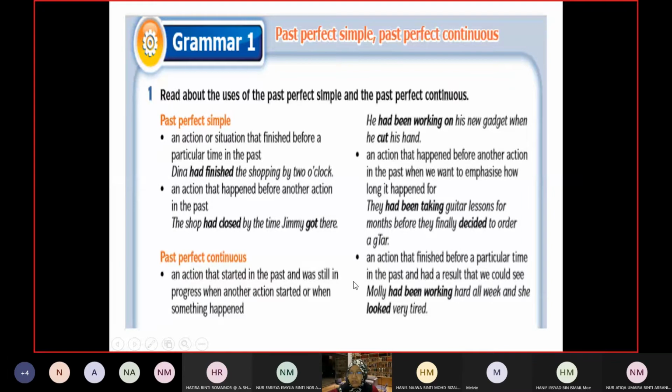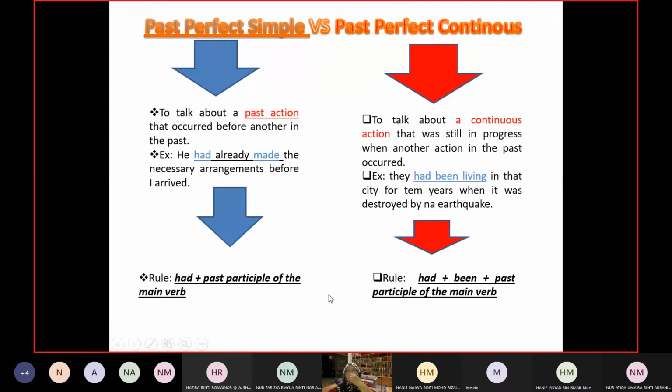So later you read on your own for this part. We will discuss this one. The next slide is just the simplified version. Past perfect simple versus past perfect continuous. The spelling continuous there is wrong.